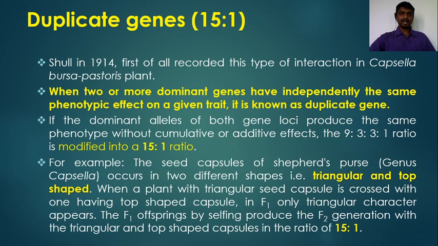When these two plants are crossed, in the F1 generation only the triangular character appears. When the F1 offspring are self-pollinated, they produce the F2 generation with triangular and top shaped phenotypes in the ratio of 15:1.